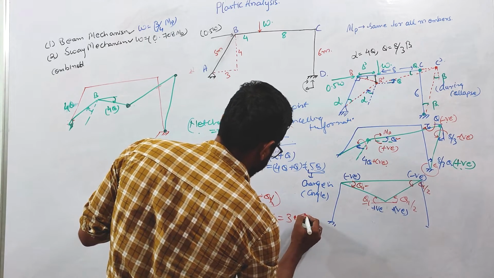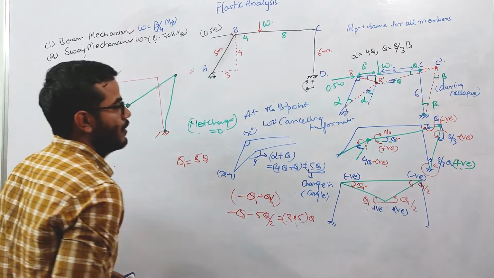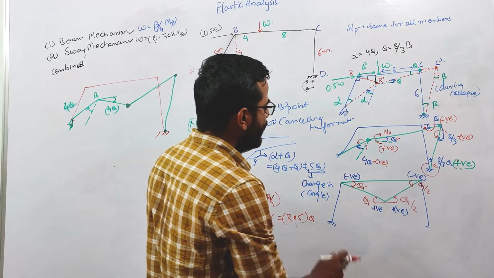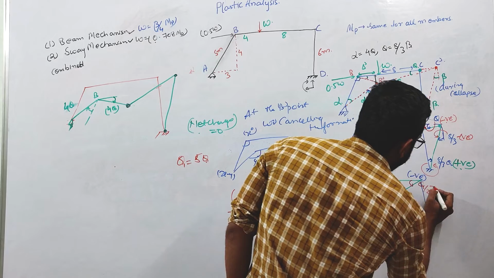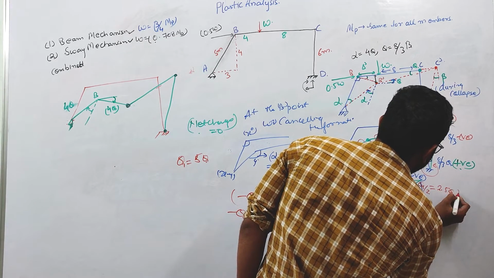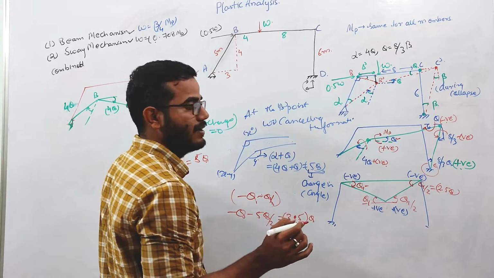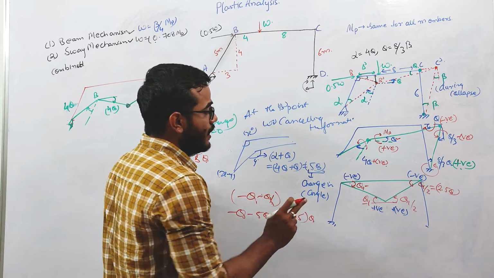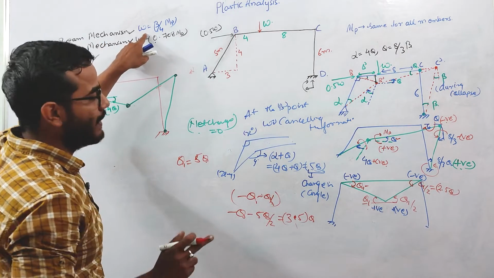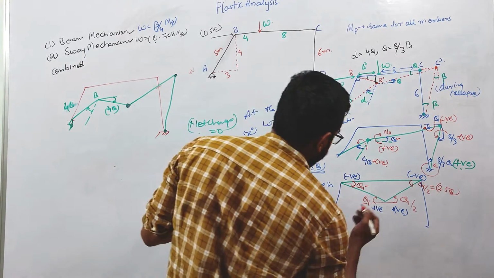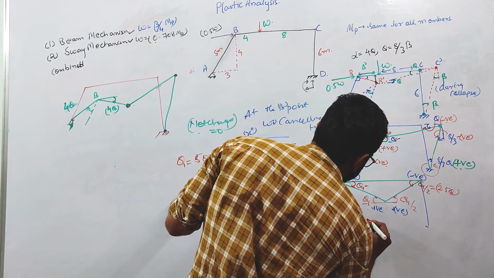3.5. Because if you are keeping theta 1 equal to 5 theta, then this theta should be equal to 2.5 theta. This relation we have already calculated. This relation won't change. And if you are increasing this theta, your collapse load in the beam mechanism also won't change. You can check.